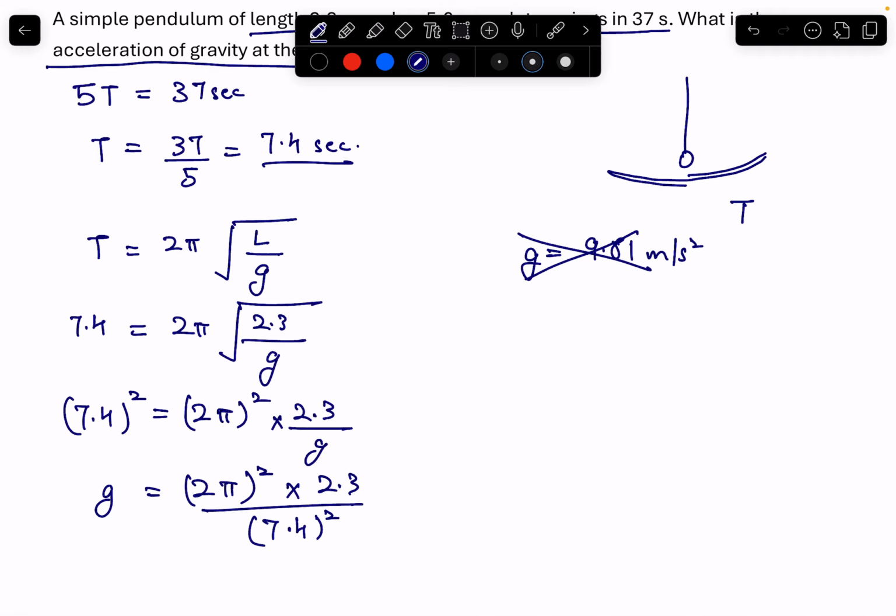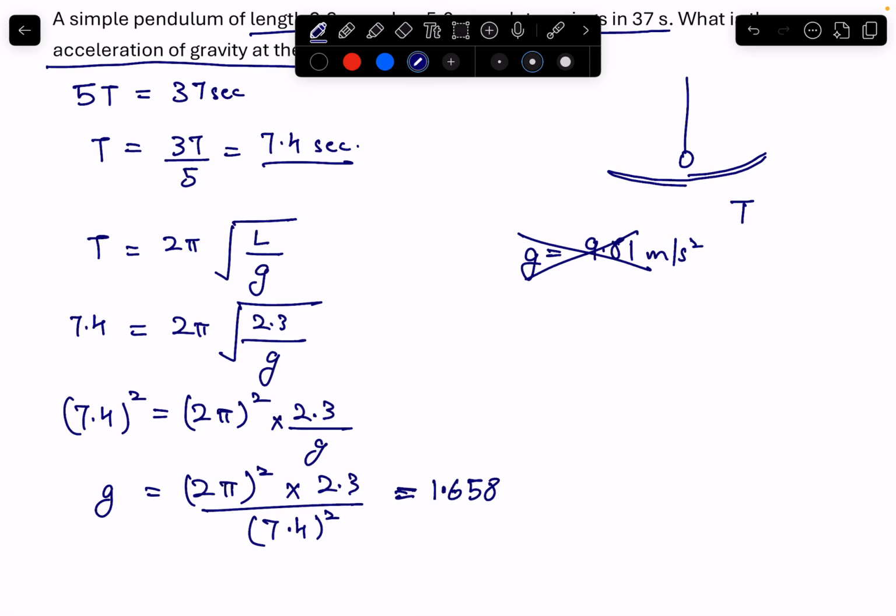We now need to calculate this: 2 pi squared multiplied by 2.3 divided by 7.4 squared, and the value of g is 1.658.